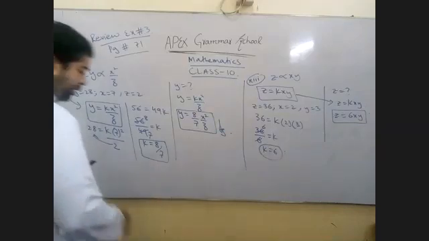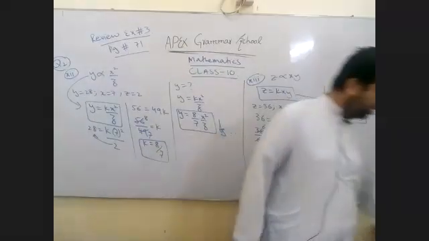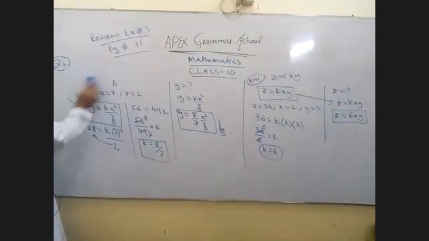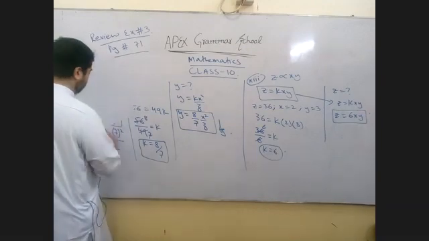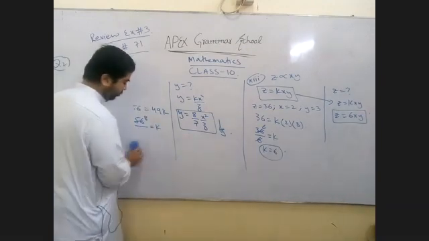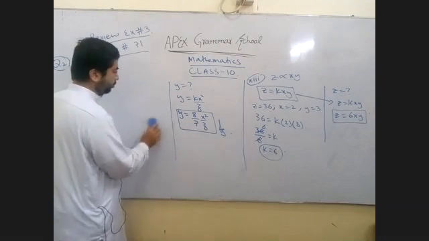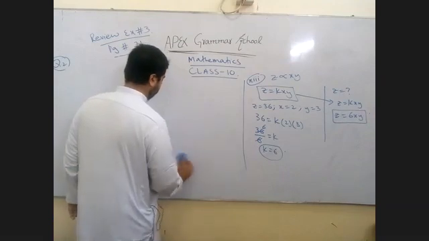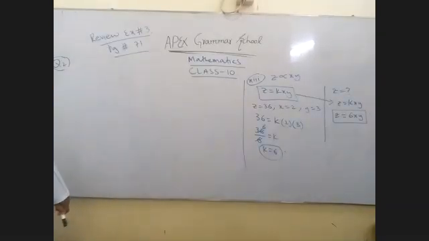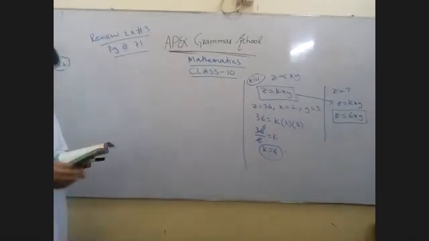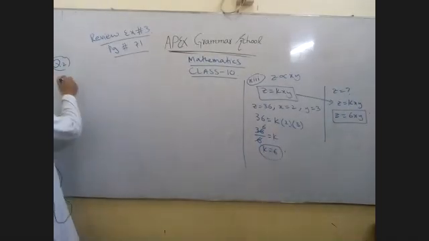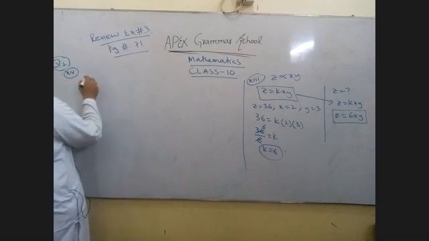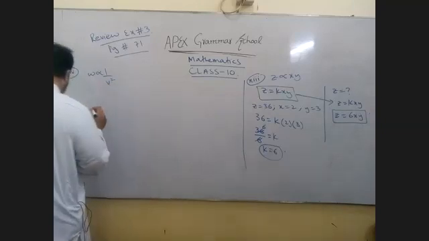Now the last part of this exercise will be again the same thing. W is inversely proportional to v square.